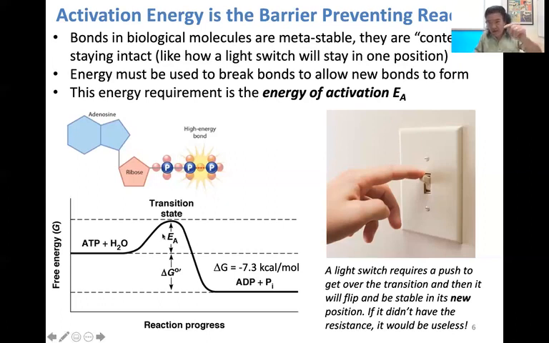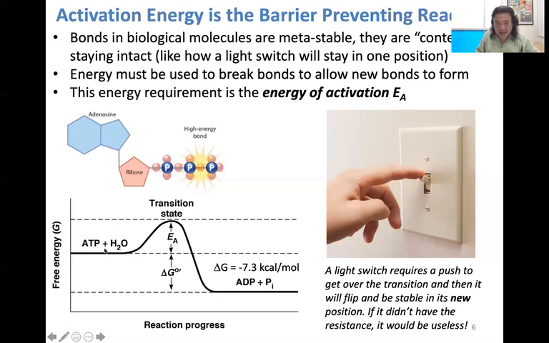So that amount of energy that you put into it to get that thing to break is what we call the transition state of the molecule. And you can see once you put in some extra energy to break the bond, then things sort of take place on their own. Because then you have the liberation of that phosphate group, and the energy that's released in the process means you end up with a lower G of the system than what you started from.